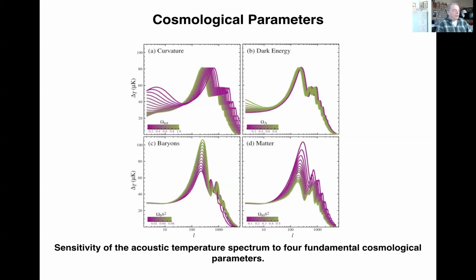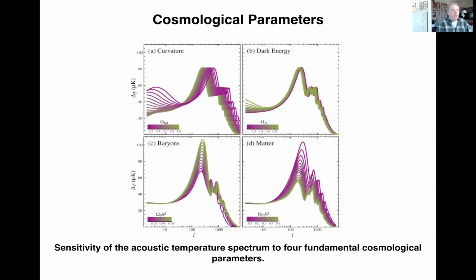The very large scale structure on the left of all these diagrams is basically structure that was imprinted by inflation or whatever that gave us the initial anisotropies to begin with.